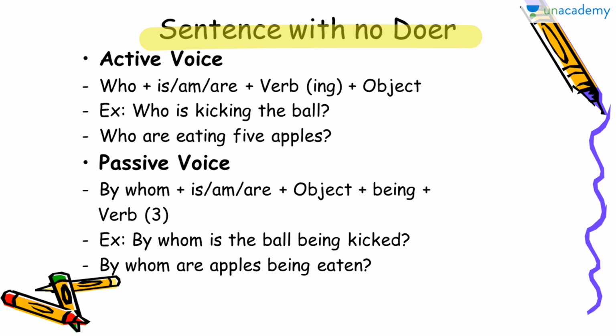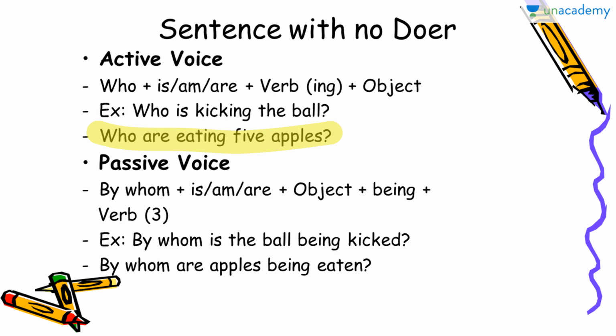But sentences with no doer means we are questioning so that in answer we can know who did it, who did that action. In active voice, present continuous, it will start with who, then is, am or are, then verb ing, and then object. For example, who is kicking the ball? Who are eating 5 apples?